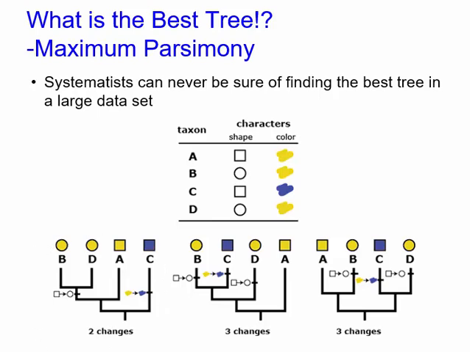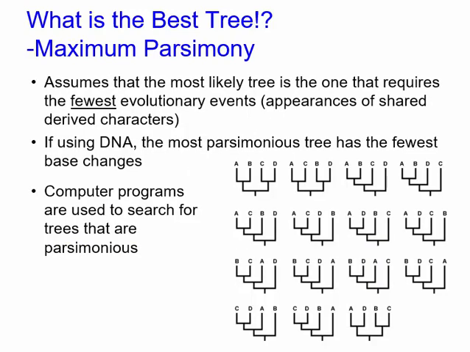Now, it doesn't mean that these other ones aren't possible. It's just that, given the weight of evidence, what is most likely? Probably the one that requires the fewest changes. And so identifying the minimal amount of changes that get you to that potential phylogeny is key.